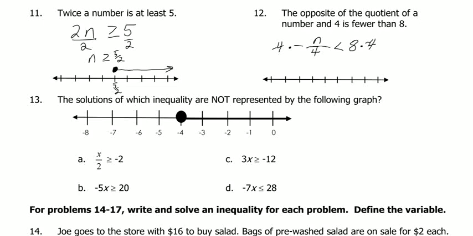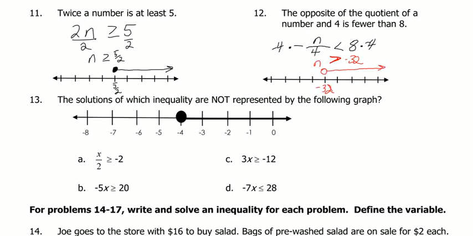And that's going to leave me with n greater than, notice how I flipped my sign because I multiplied by a negative, greater than negative 32. So it's negative 32. And then we need an open dot above the 32, and n needs to be bigger than that. So we're going to go to the right. And there it is.